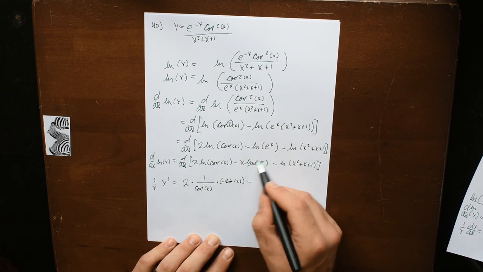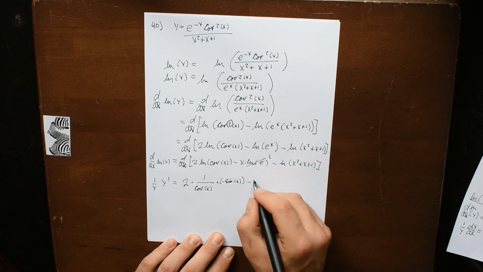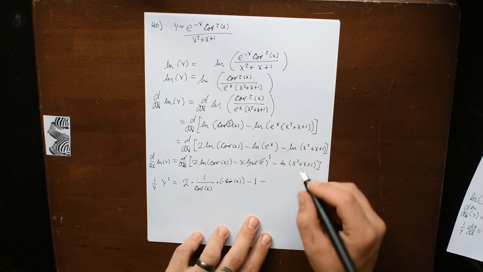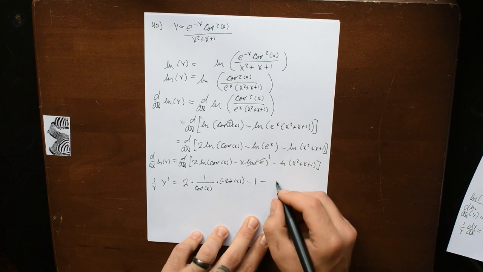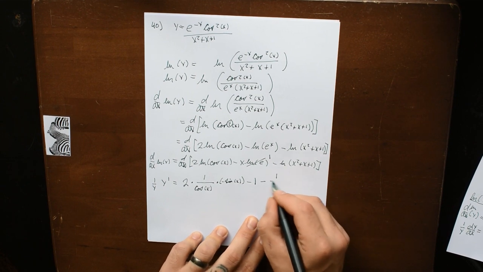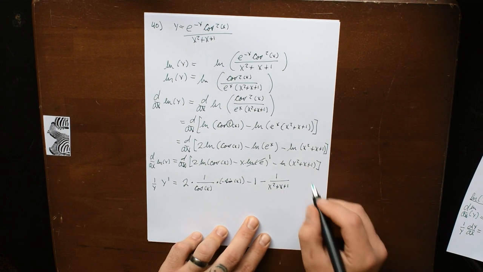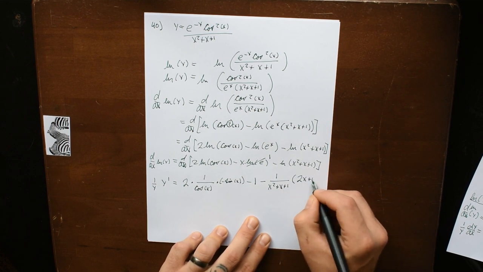The natural log of e is 1, so minus x just becomes minus 1. And then we minus the derivative of the natural log of x squared plus x plus 1, which is 1 over x squared plus x plus 1 times the derivative of the inside, 2x plus 1.